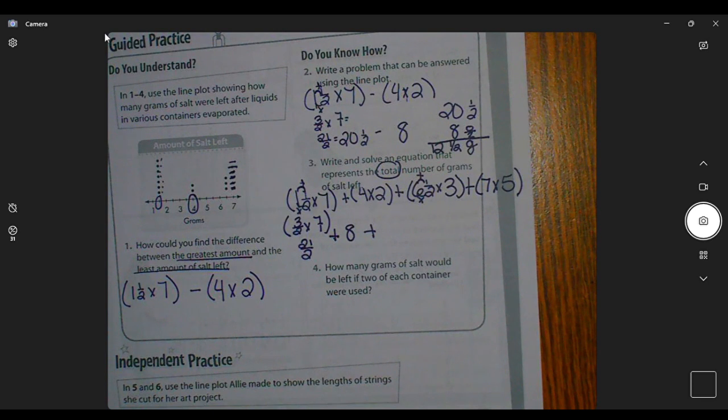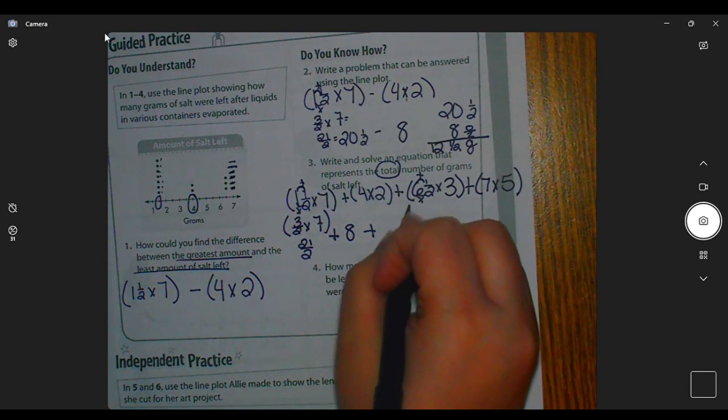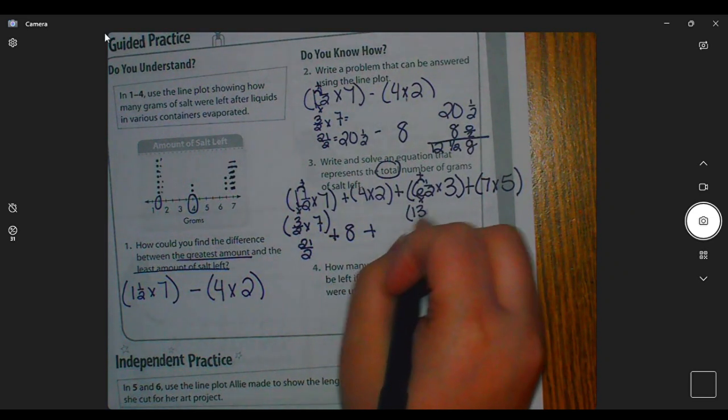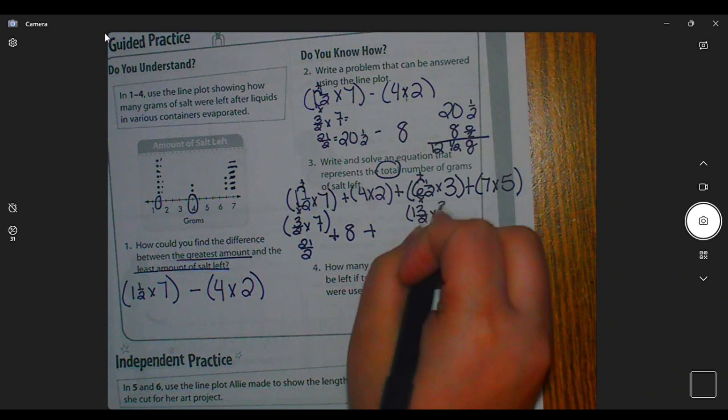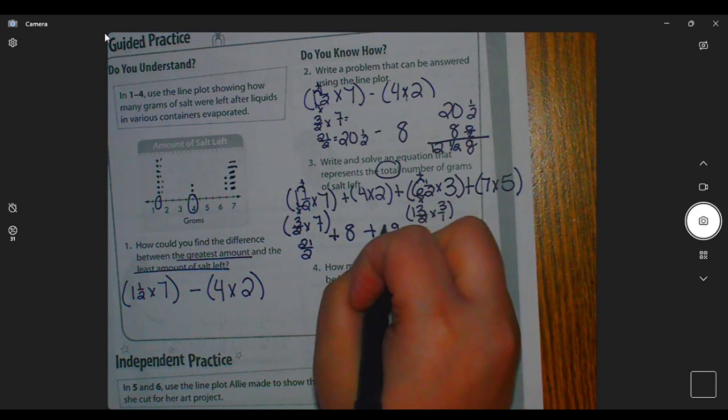6 times 2 is, right, it's 12. 12 plus 1 is, yeah, it's 13. So 13/2 times 3. 3 times 3 is 9. 3 times 1 is 3. 2 times 1 is 2.